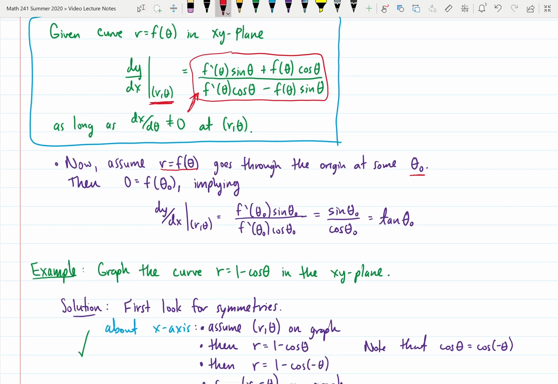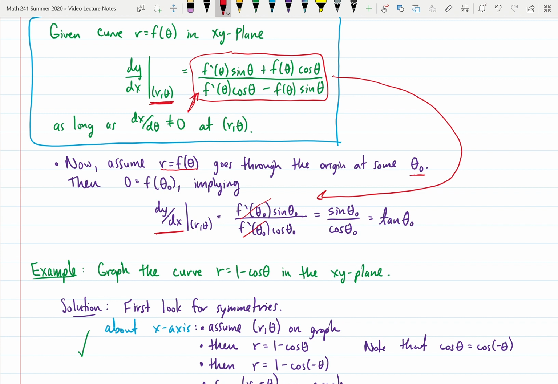which implies, if we use this equation up here that we just derived, that f prime of theta naught times sine of theta naught divided by f prime of theta naught times cosine of theta naught is equal to dy dx at that theta naught. And the f prime of theta naught will cancel with the f prime of theta naught on the bottom there.